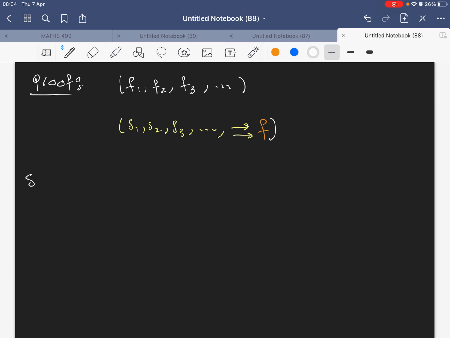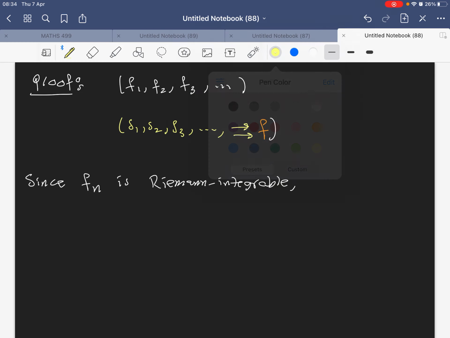So since fn is Riemann integrable, each one of them is Riemann integrable. How about Sn?